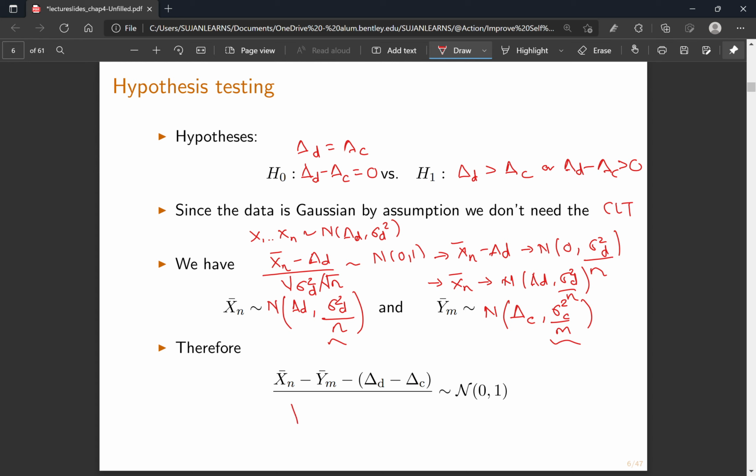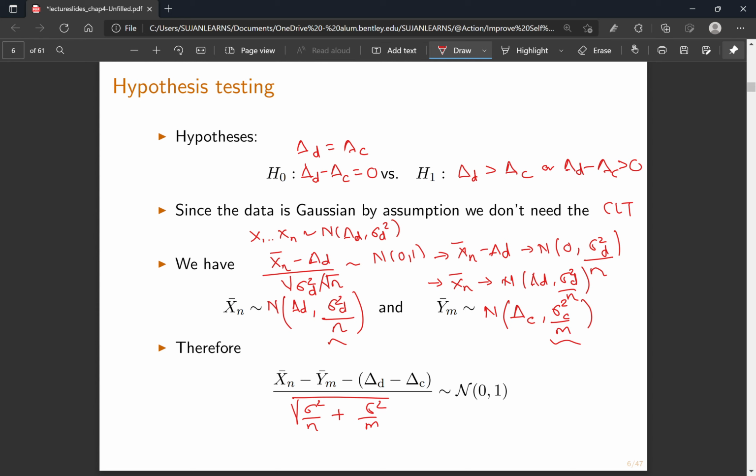Dividing Xn minus Ym minus delta D minus delta C by this should give us the standard normal. This is all we need for this slide.